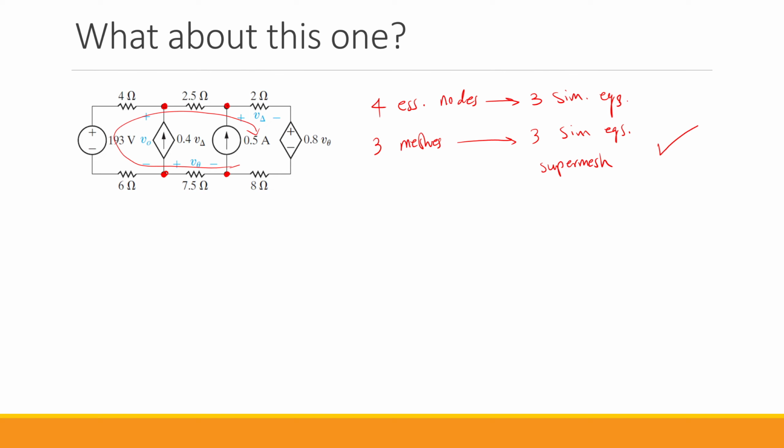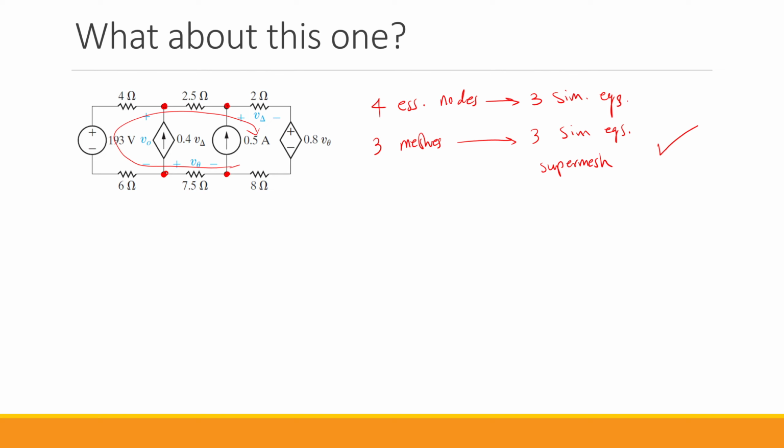Of course, for some cases, what parameter we are actually trying to find also dictates which one is better or not. For example, let's just say I ask you what is the voltage across this voltage source. That is a very basic example. You can easily see it is 193 volts, right?